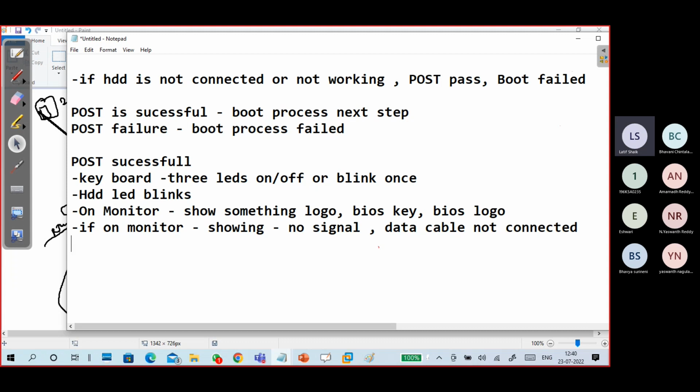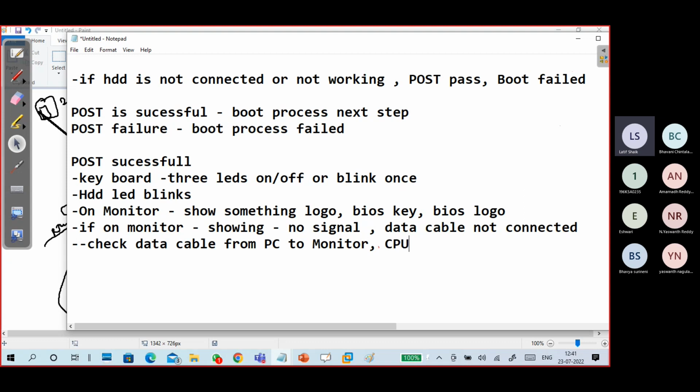Actually, no signal means data cable is not connected kind of stuff only. So what is the problem here? You have to check data cable, PC to monitor.